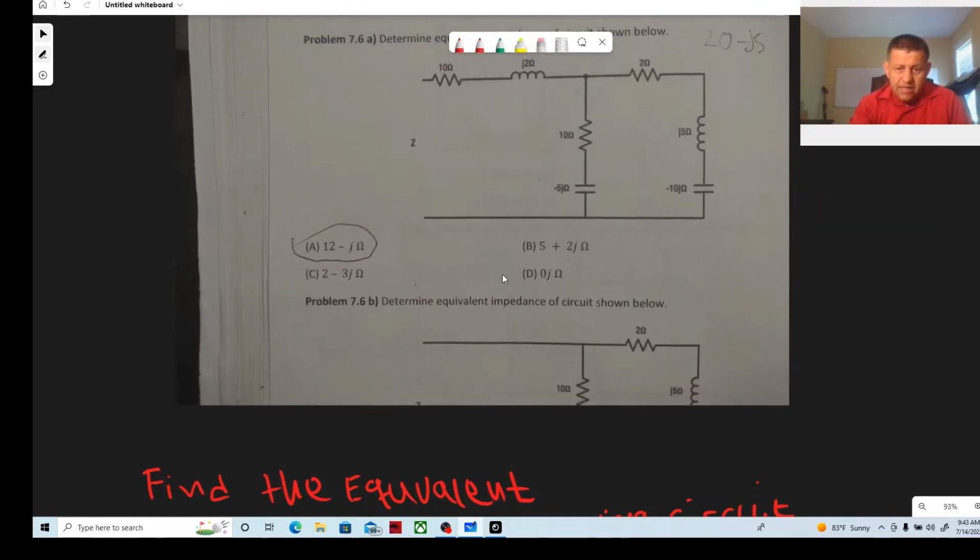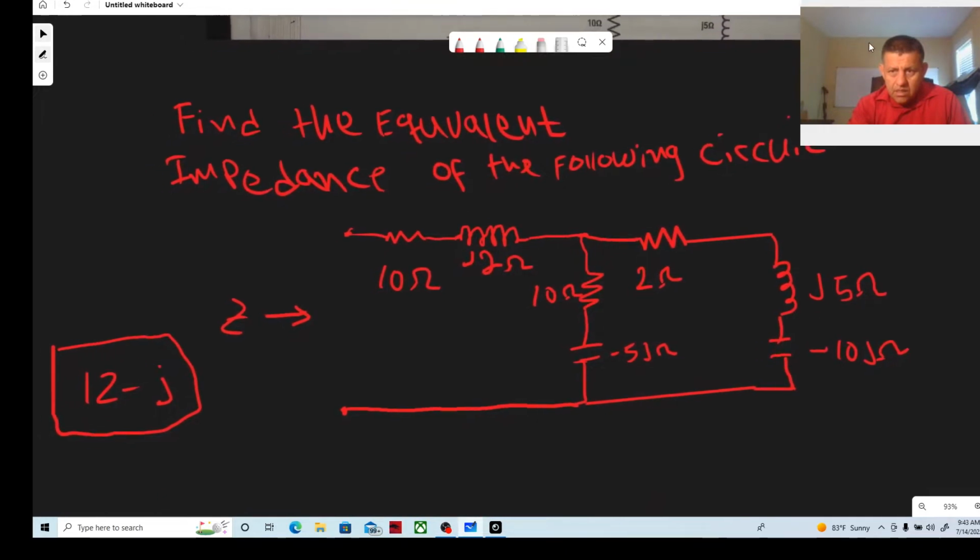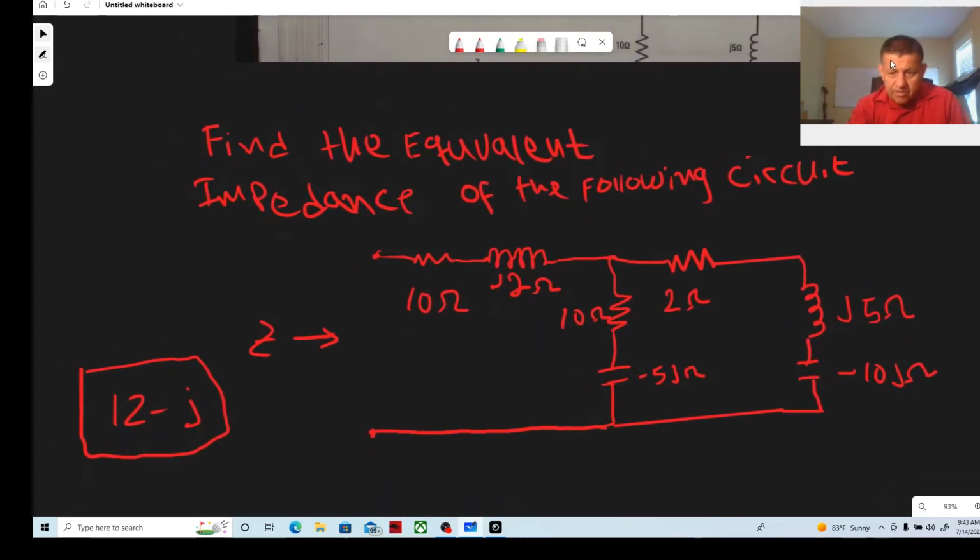With that being said, let's get started. So this is the circuit. I just redrew it. As you can see, we have some inductors, some capacitors, some resistors. If this was paper, you take your pen or pencil and go like this.